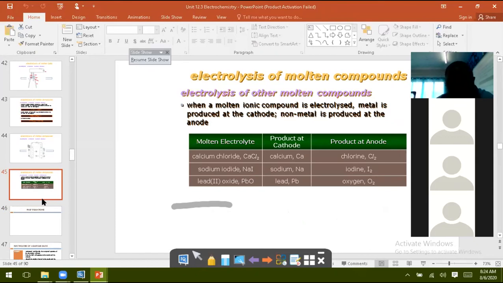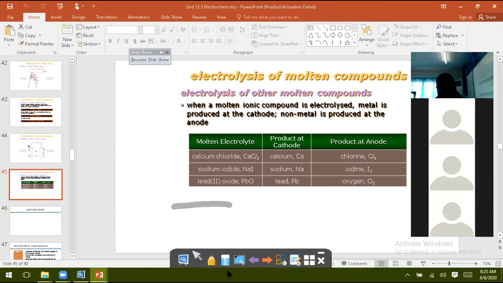That's the first thing you must know. Then you must know that when Ca2+ goes to the cathode, it will form calcium metal. That's another common exam question, identifying the product. And when Cl- goes to the anode, it will form chlorine gas. So electrolysis of molten salts is pretty straightforward.